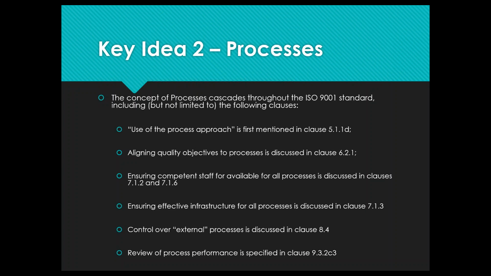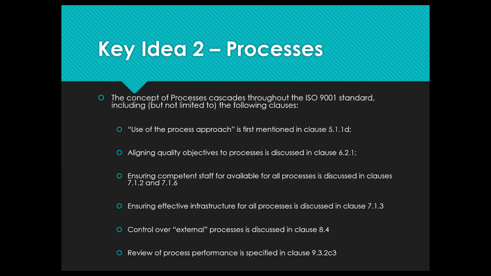Aligning your quality objectives to processes, that comes up in section 6.2. Making sure that your staff are competent. When they talk about competency in the standard, they are saying that they need to be competent and available for your processes. So they frame competency under the guise of processes.